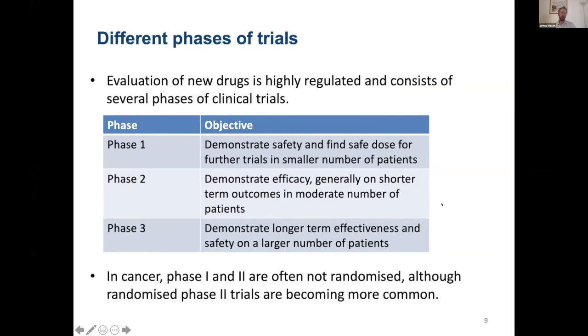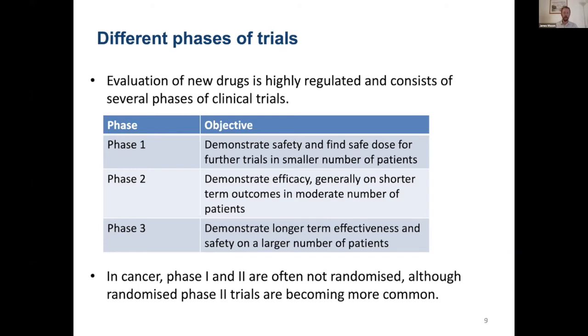So I've talked about randomized controlled trials, but in fact, trials are over several phases, especially for drug trials. Drug development is highly regulated by international bodies, and it consists of several phases of clinical trials. So it starts at phase 1, which is the first point at which a drug would be tested in humans.